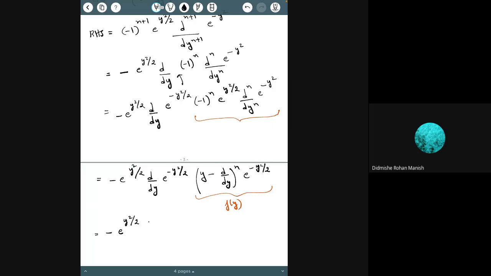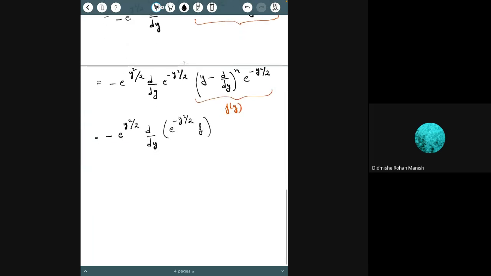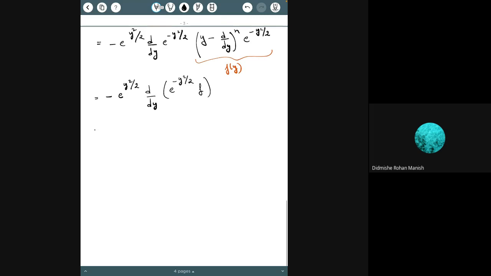So d/dy of e to the power minus y squared by 2 into f. Then I can do the derivative. First I take my f out and do the derivative on the exponential.